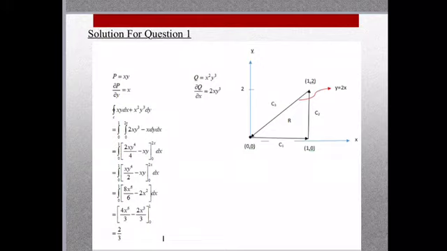And as you know, Green's theorem is a double integral, so we must first know the limits for the integrals of dy and dx. The limit for y is from 0 to 2x, and for x is 0 to 1.